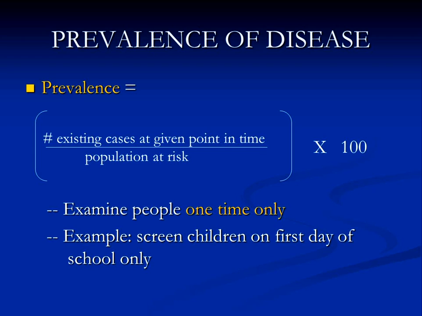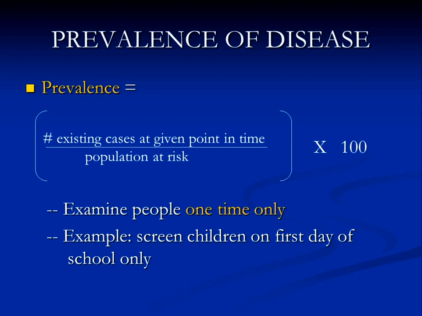So for instance, let's say I was really concerned about the prevalence of dental caries within the sixth grade population within Jefferson County. That would mean I would go and look at the sixth graders within a school within Jefferson County, and let's say there were 125 sixth graders within that school.